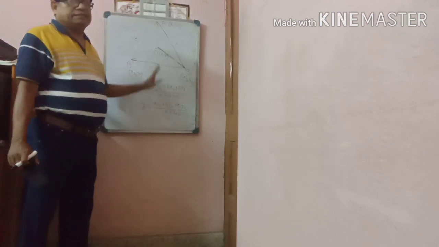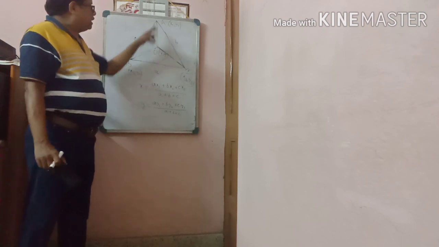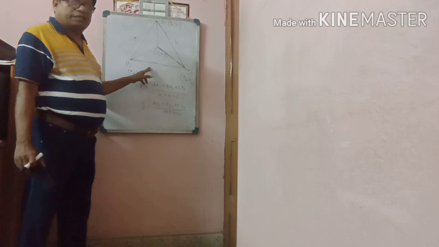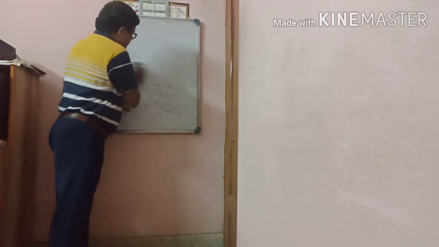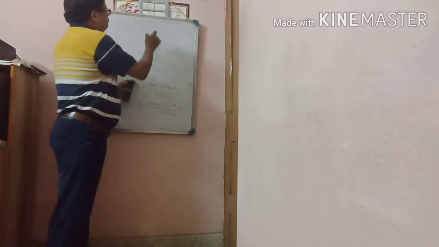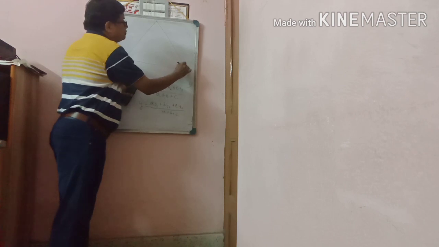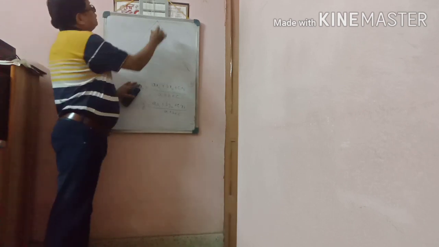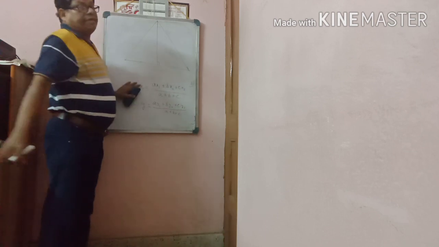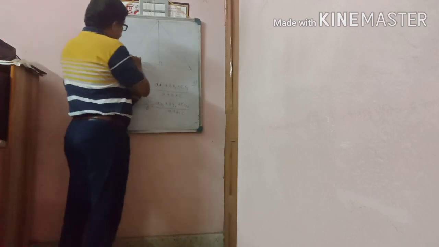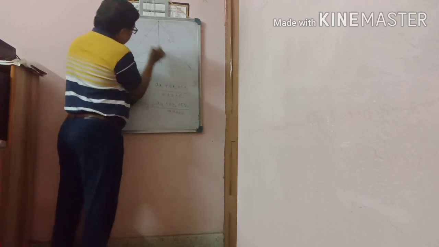This is the incenter. And the orthocenter is the point where the heights meet. Just one thing I am explaining. See, this vertices is given. This is perpendicular, 90 degree, and this also perpendicular, and this is also perpendicular.